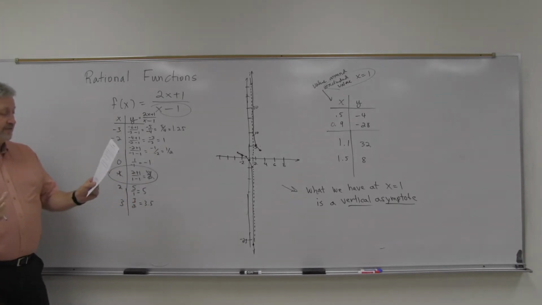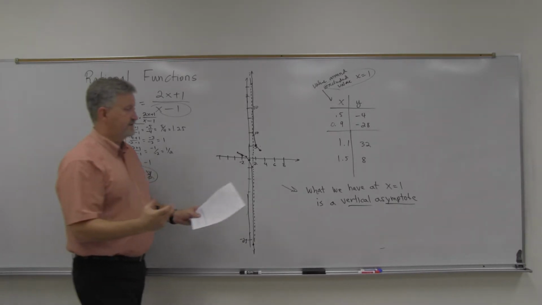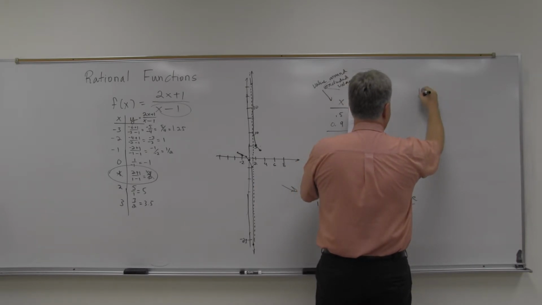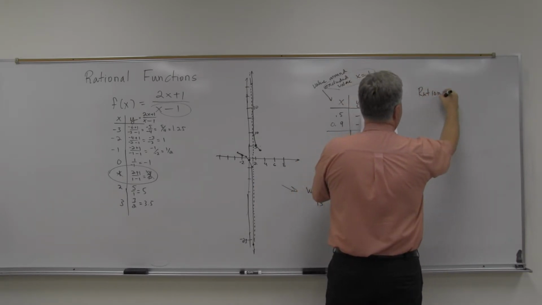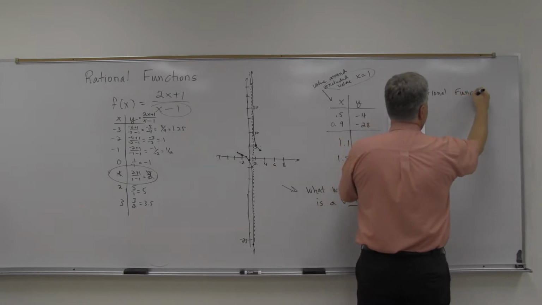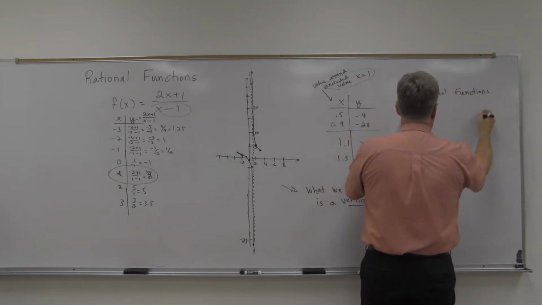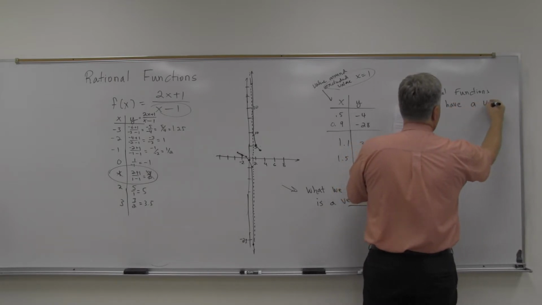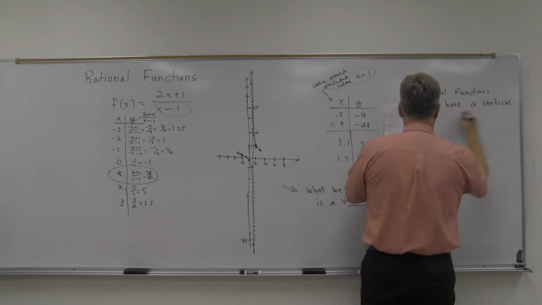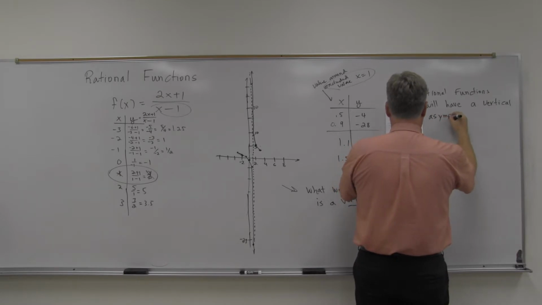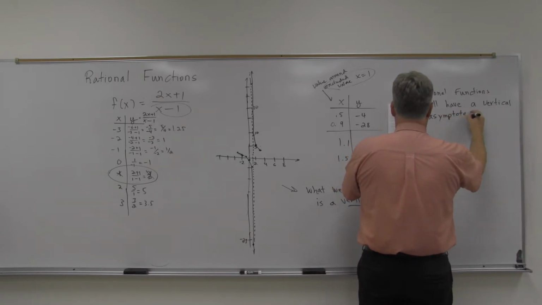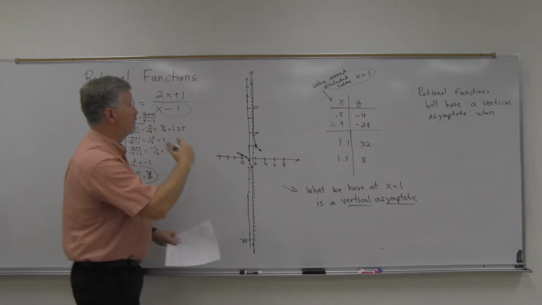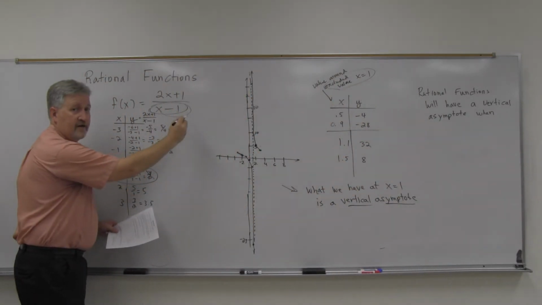So, in general, the graphs of rational functions will have a vertical asymptote when, so it's an excluded value, but that's when the denominator equals 0, okay?